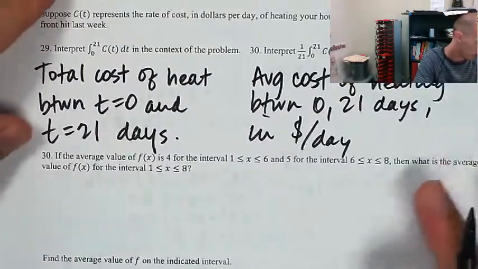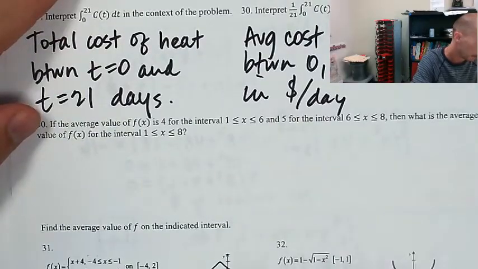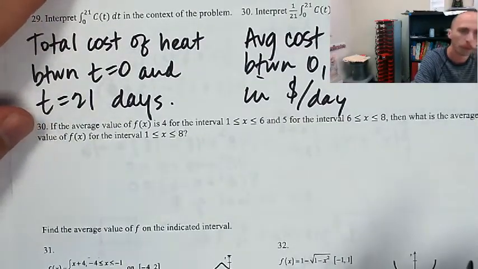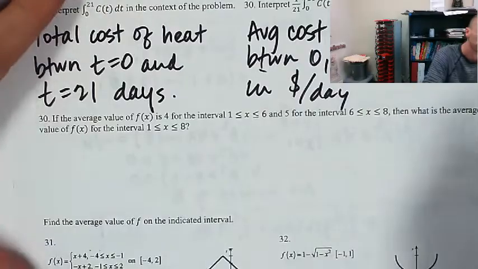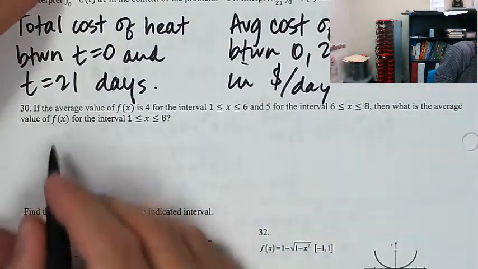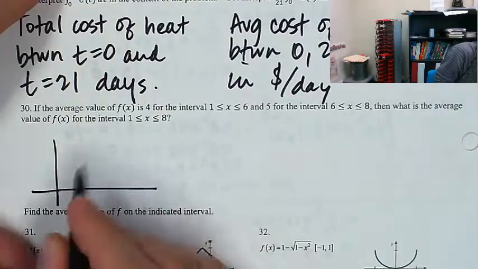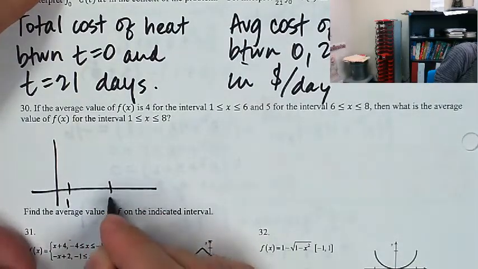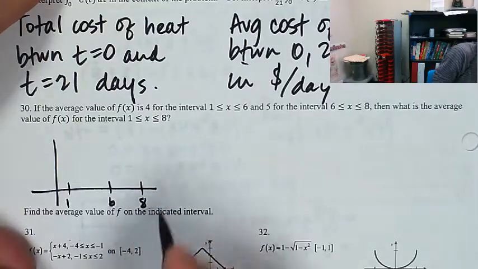All right, just a couple more. If the average value of f is 4 on the interval 1 to 6, 5 from 6 to 8. Oh, this is a good question. All right, so here's 1, there's 6, and this is going to be 8.